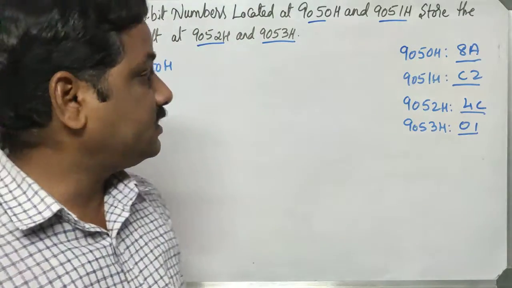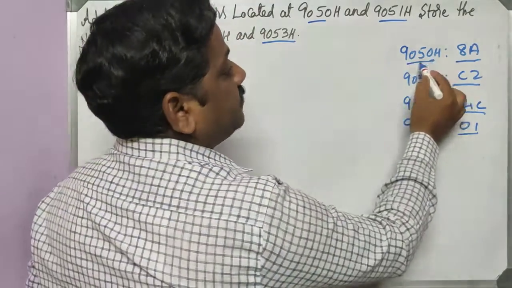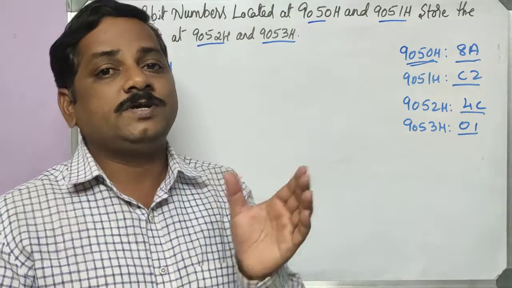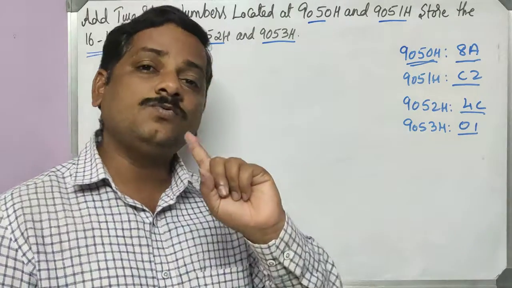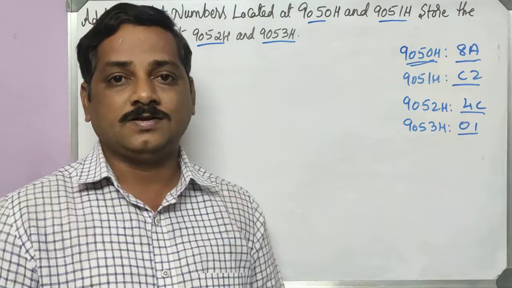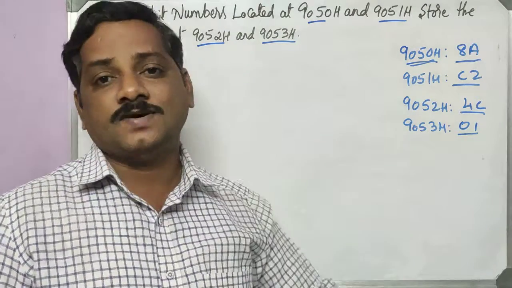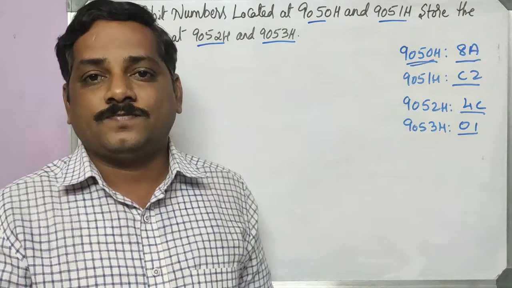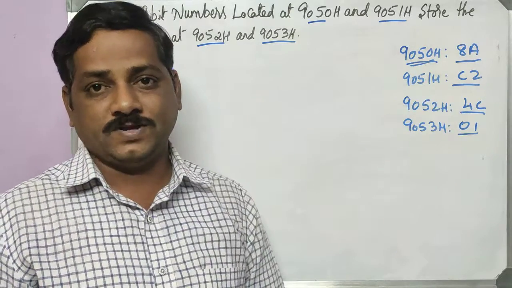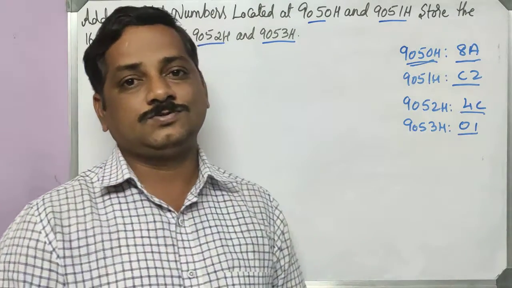And one thing you need to highlight here. This is a 16-bit address. And a 16-bit address can be fetched through DPTR only. And we have only one DPTR. So I can assign 9050 for one DPTR. Next you should get 9051. For that I don't have another DPTR. So what I do, I will increment that and I will take 9051. So I can only assign one 16-bit address to DPTR.